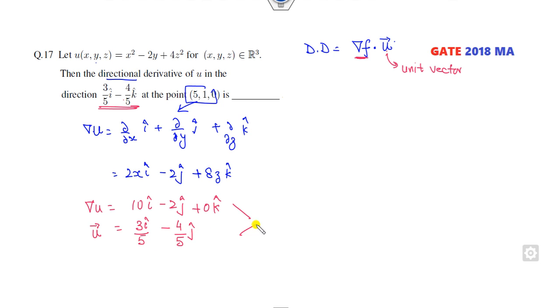If you take the dot product of this, it's 30 over 5 plus 8 over 5. Sorry, it's a k cap, so it's 0 plus 0. So it's my 6 is the right answer of this problem. That's a very simple question about this directional derivative.